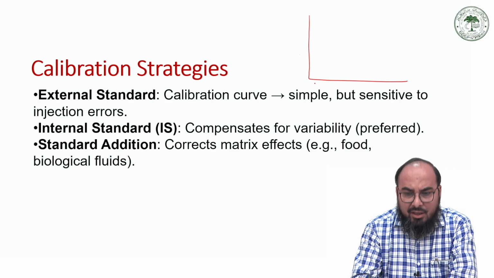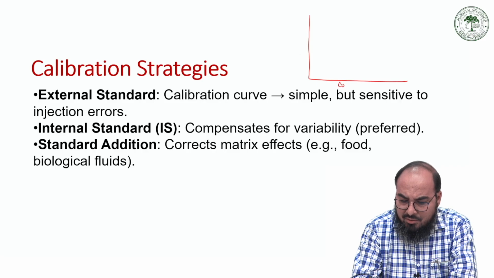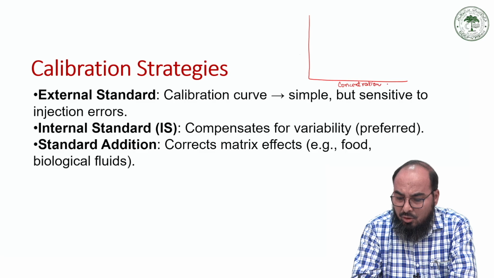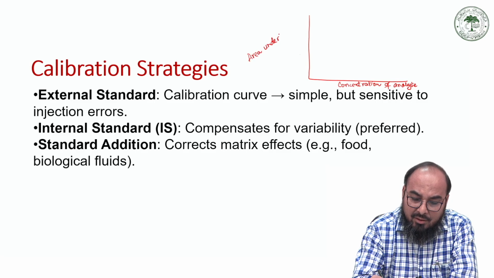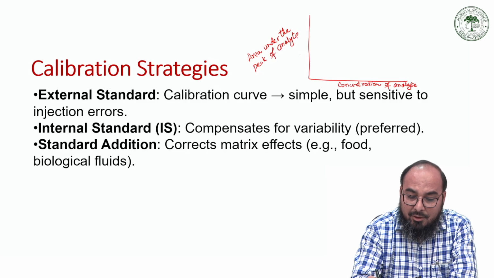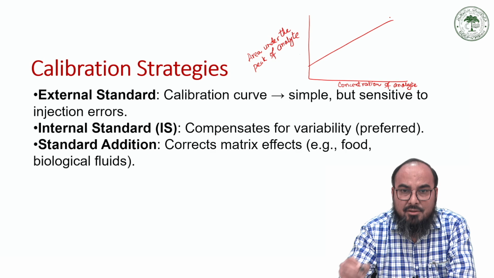On the x-axis we have the concentration of analyte, and here we have the area under the peak of analyte. So we get a calibration plot like this.